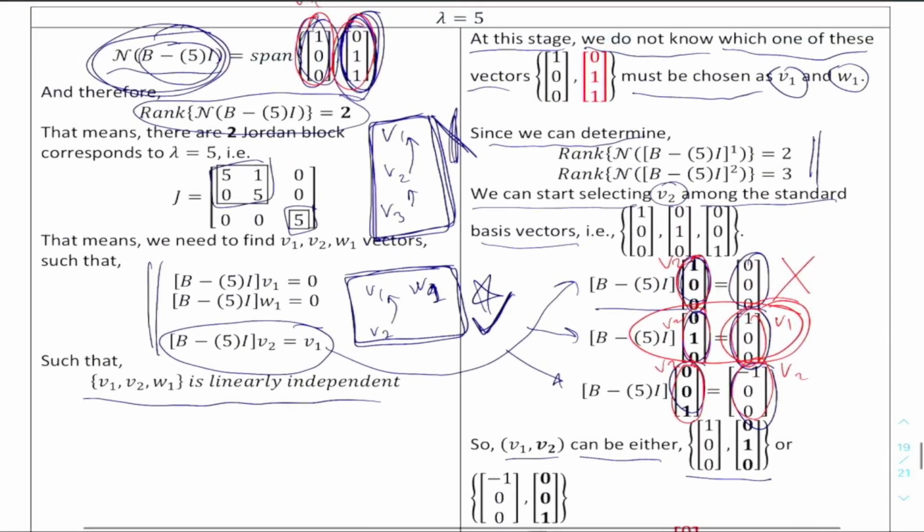By the way, if that was not 100 but 200, we would use that as our v1, because we are now going to construct our transformation matrix by using v1, v2, and w1.